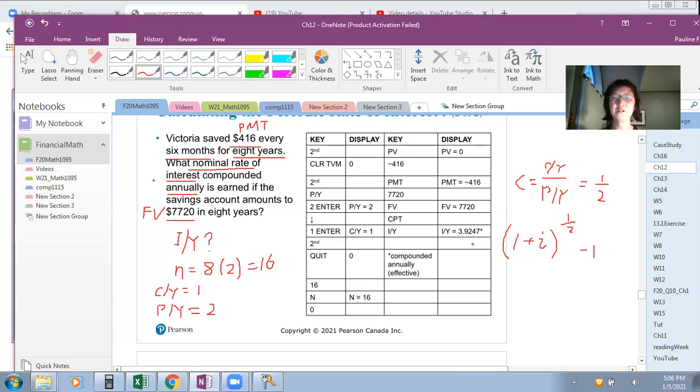And this is P. P equal to 1 plus I raised to power C minus 1. And this is the equivalent rate of interest.